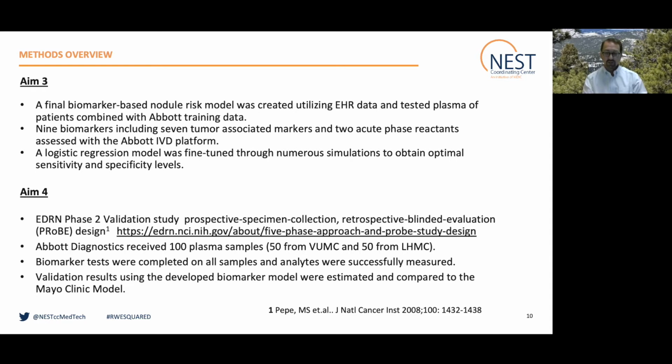And then finally, 500 individual samples were sent to Abbott Labs for testing, 50 from Vanderbilt, 50 from Leahy. So we have 2 very diverse populations, Vanderbilt being an incidental population, Leahy being a screening population. Biomarkers were completed on all samples, and the validation results examined.